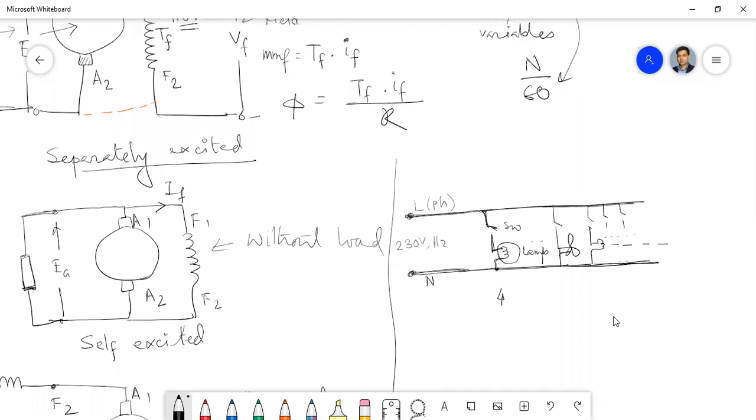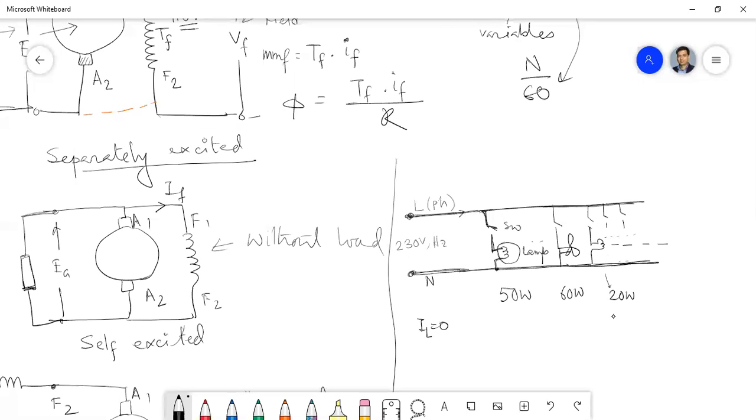Generally, we take a 50 watt lamp, a 60 watt fan, and say a 20 watt CFL lamp. So we go on connecting loads like this. What will happen when we switch on the first load, which is the 50 watt lamp? Before connecting any load, how much current is flowing through this line? No current. Initially the current was 0.